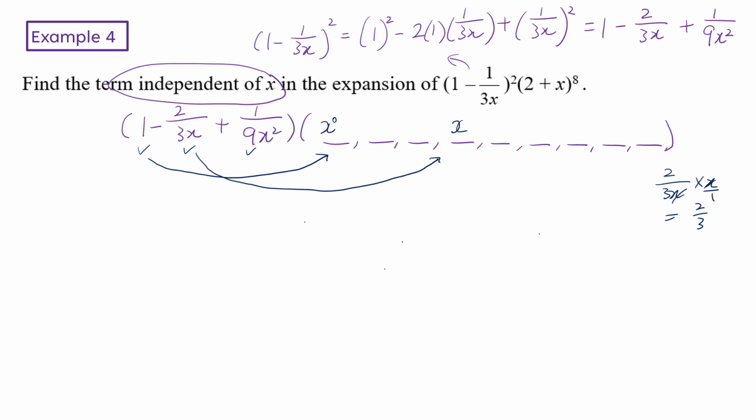Once you understand that, it's quite easy to do the questions. So this one here, I will need to multiply with the x squared term. Why? Because 1 over 9x squared times x squared will just give me the constant 1 over 9.